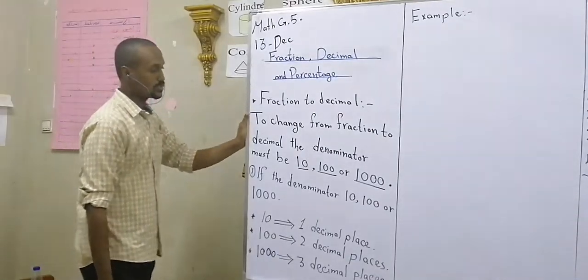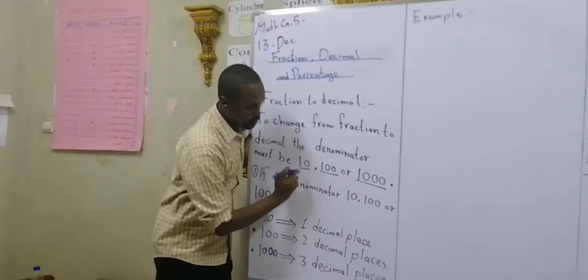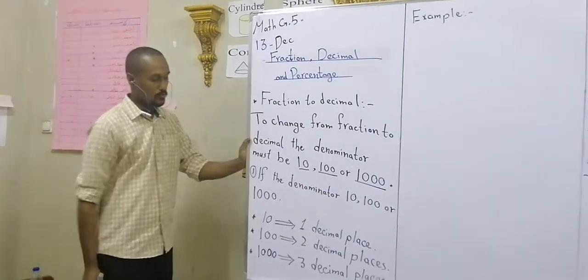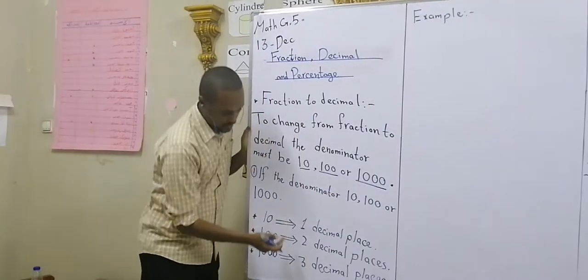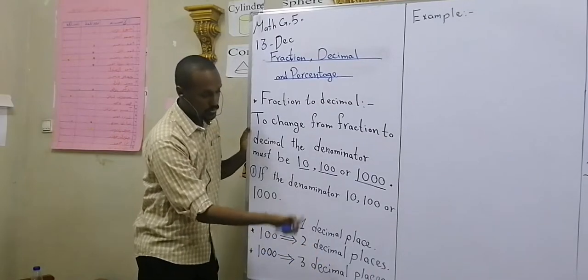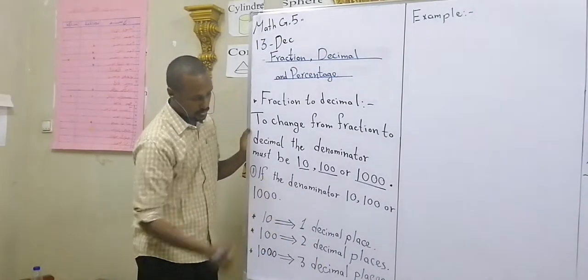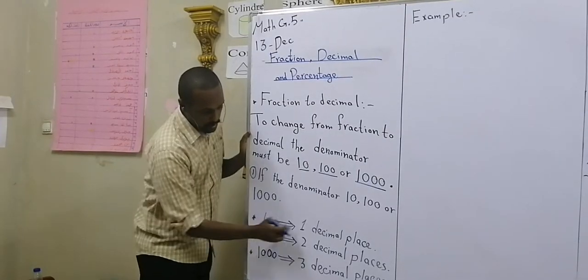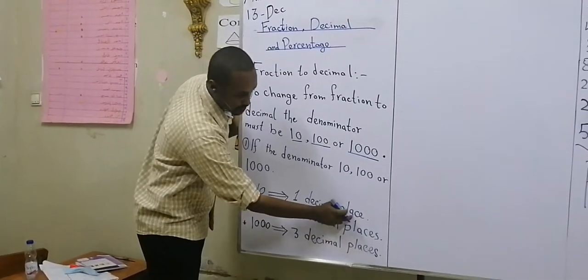Okay, so let's start with the first one. If the denominator is 10, 100, or 1000, what will we do? We know that decimals have decimal places. If the denominator is 10, we have one decimal place.